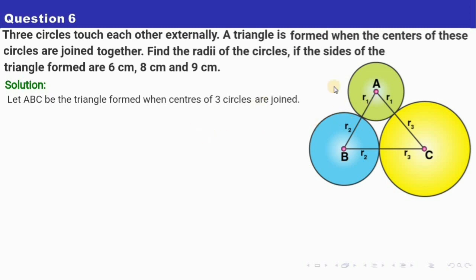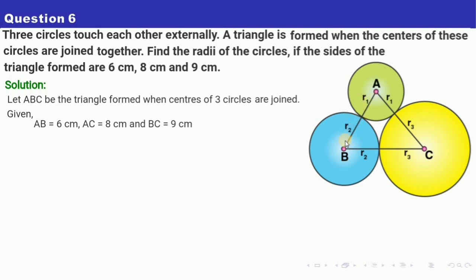I don't know which sides the 6, 8 and 9 centimeter are referring to. We just know that they are the sides of the triangle. So let me call AB 6 centimeter, AC 8 centimeter and BC 9 centimeter. You can take AB to be 8 or 9 as well, but here I am taking this order. So AB means this line, and it can be written as R1 plus R2, the sum of the radii.